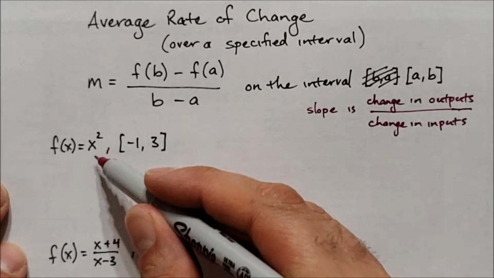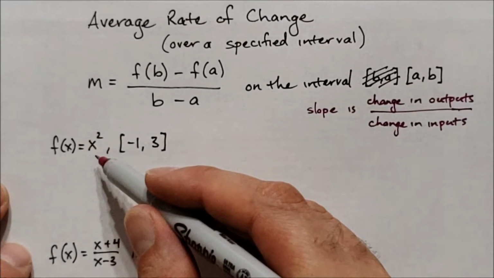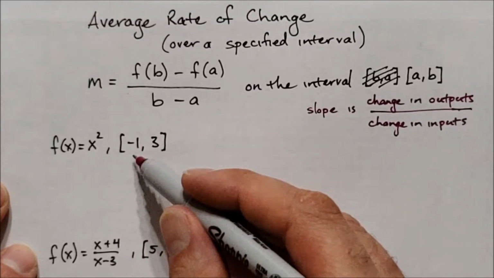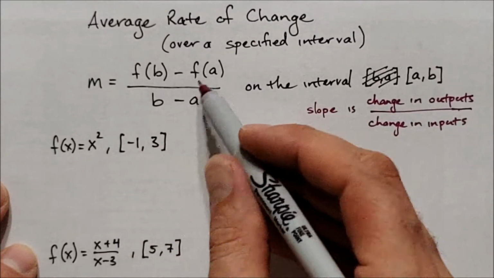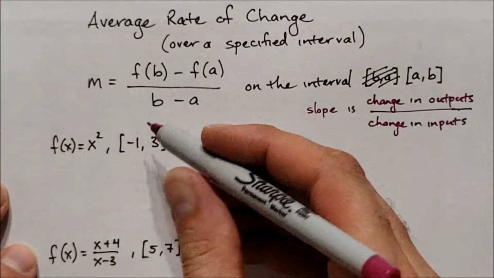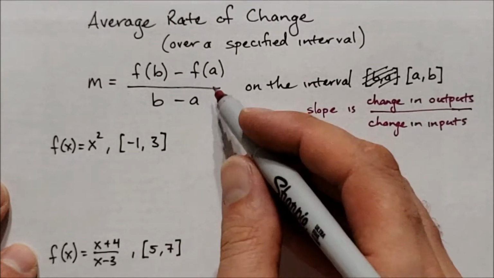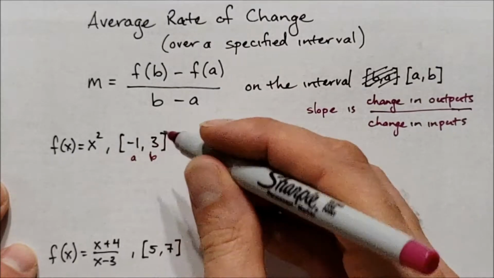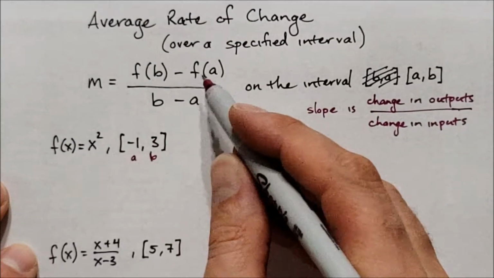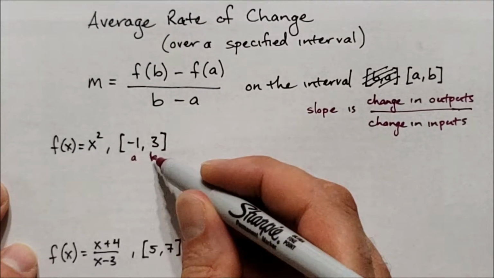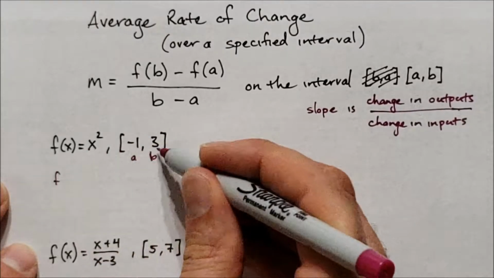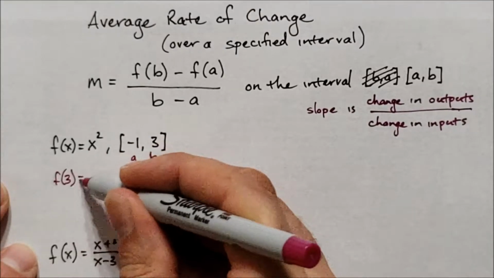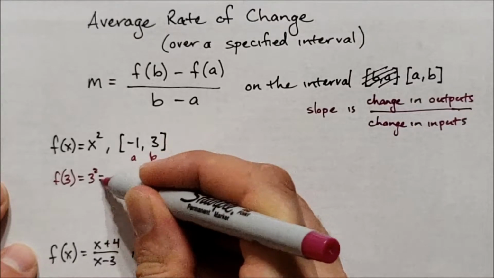All right, x squared is our function that we're dealing with. And we're going over the interval -1, 3. So we're going to use our formula, f of b minus f of a. Well, this is our a, this is our b. When we find f of b and f of a, f of 3 is 3 squared, which is 9.